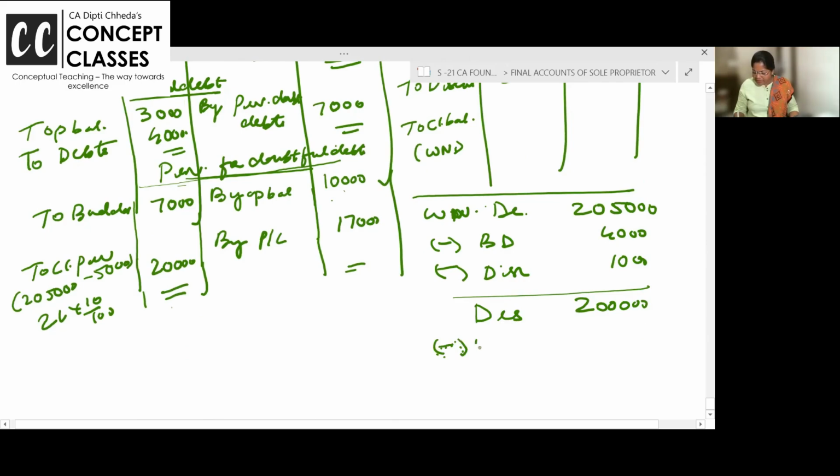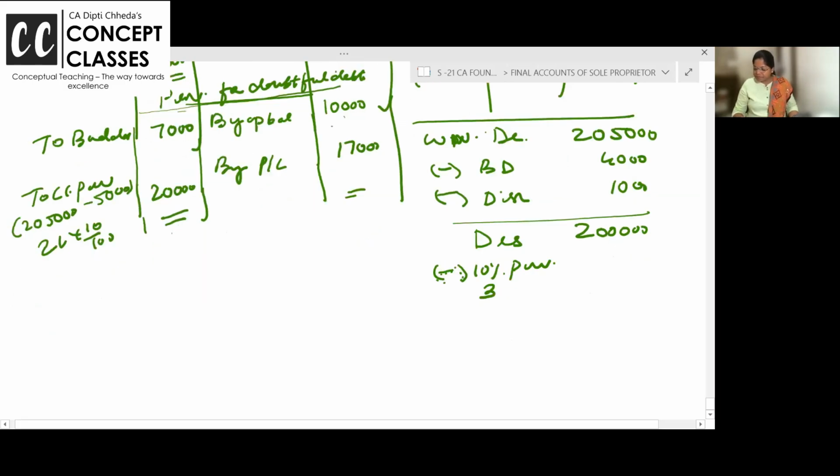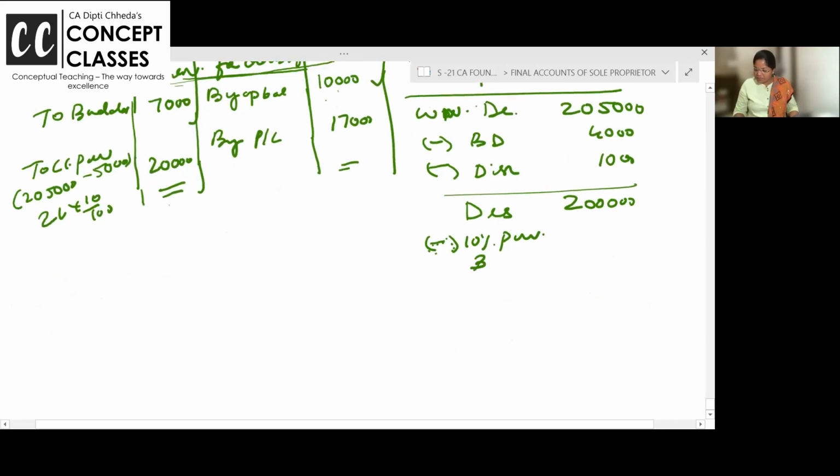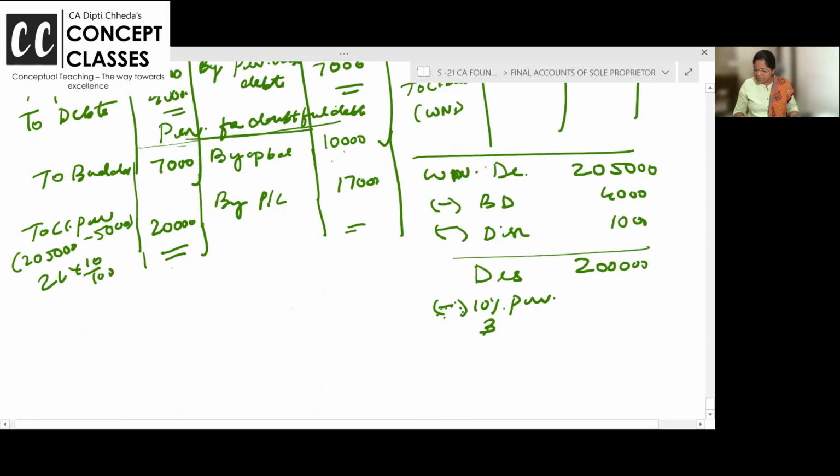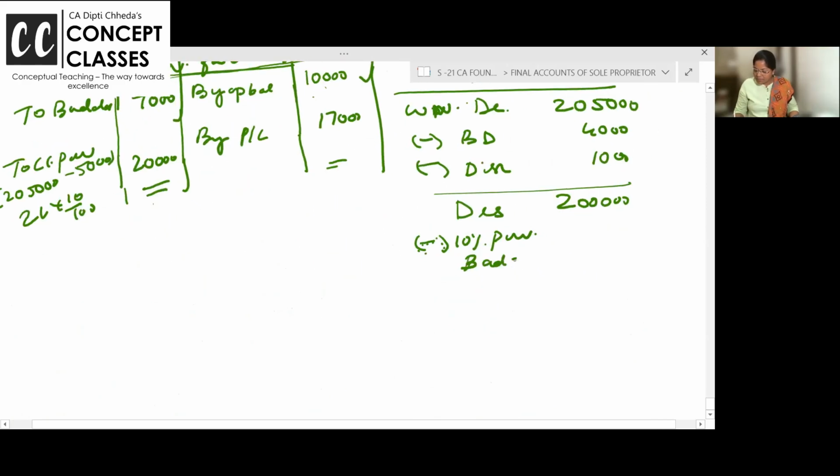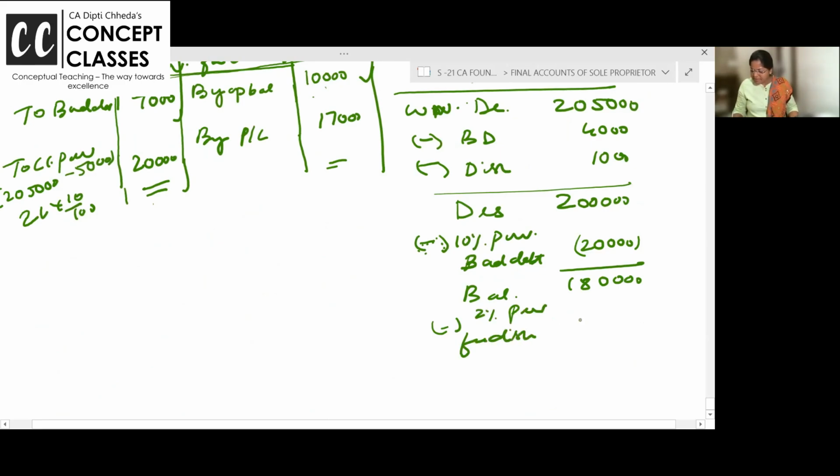Out of that, 10% you made provision for bad debt. Now balance is 1,80,000. Now you make provision for discount, 2% provision for discount on 1,80,000.